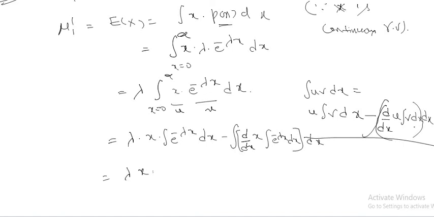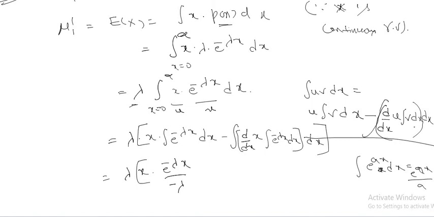Lambda is common for the entire integration, so we get x e power minus lambda x by minus lambda. The integration of e power ax dx is e power ax by a. So e power minus lambda x by minus lambda, minus the integration of d by dx of x, which is 1, times e power minus lambda x by minus lambda dx.